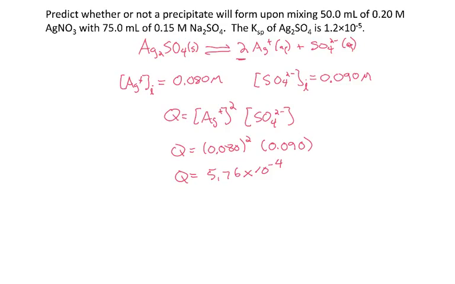Now to determine whether a precipitate forms, I need to compare Q to K. Q is 5.76 times 10 to the negative 4. K is 10 to the negative 5. So Q is bigger than K, and so I have too many products. The reaction needs to go to the left to get rid of them, or Pac-Man tells me the reaction is going to go to the left.